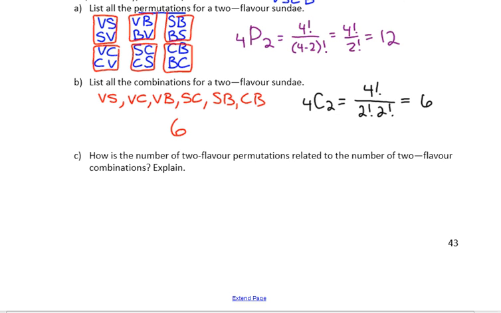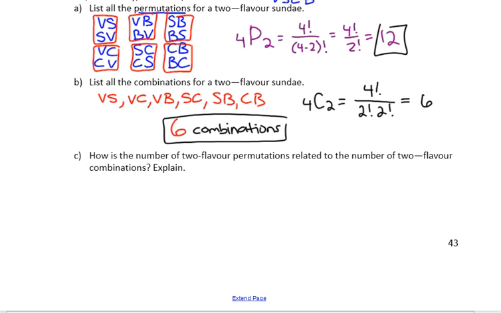So the number of 2 flavor permutations, how are these related? The 6 combinations and the 12. How many times greater? There are 6 combinations and 12 permutations. So 12 was how many times greater? It's 2 factorial, right? Or 2 times greater.